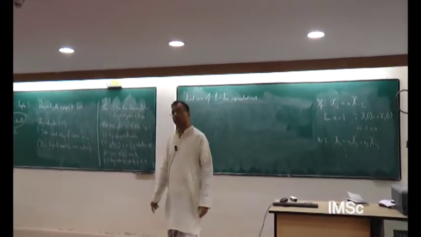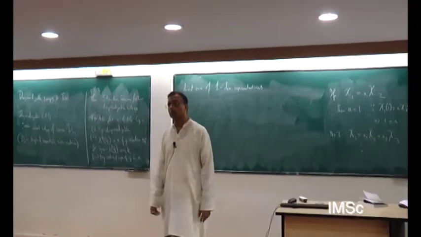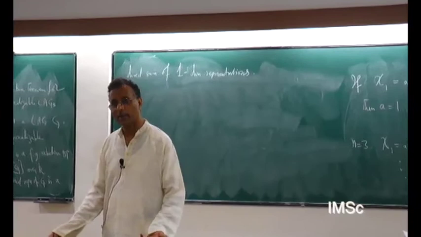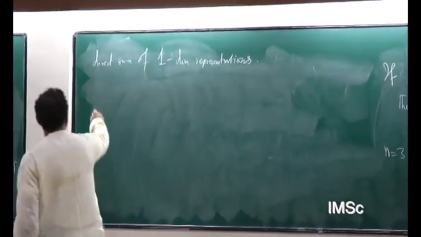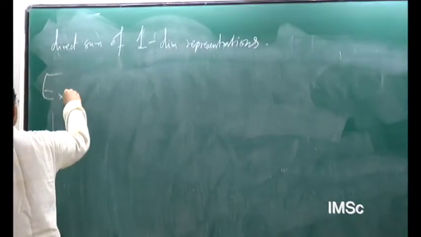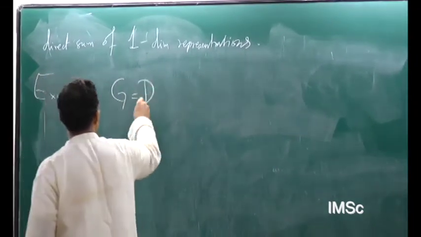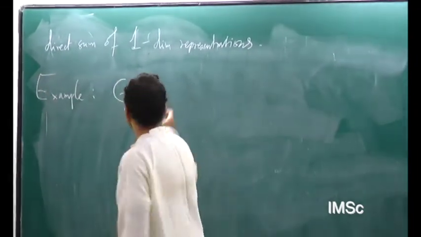Look at that definition, closed subgroup of Dn. So I can take Dn, right? So for example, G equal to Dn is clearly diagonalizable.